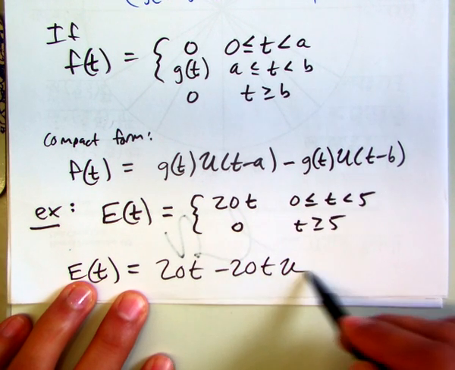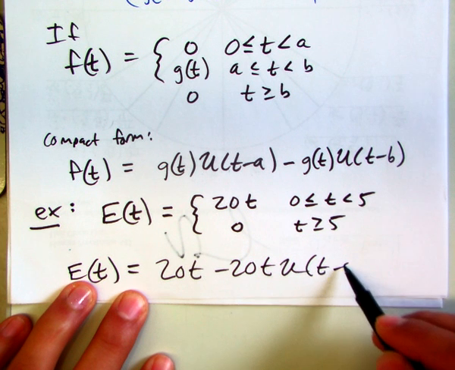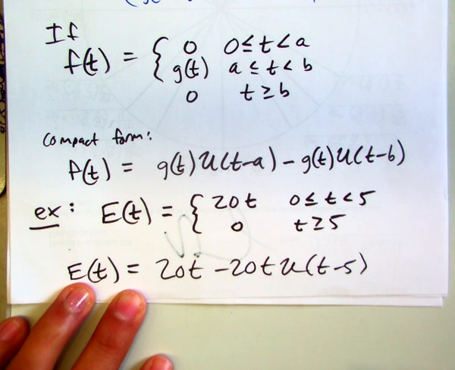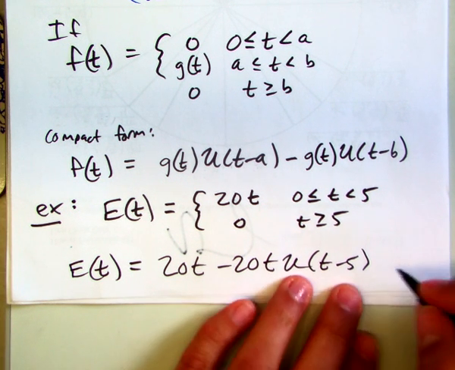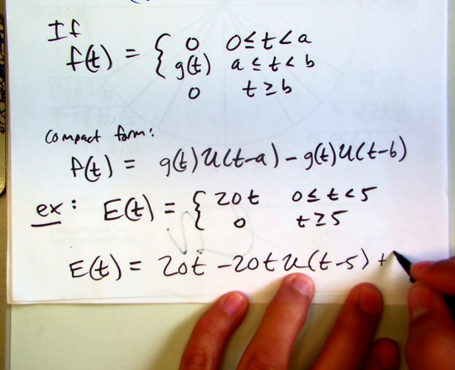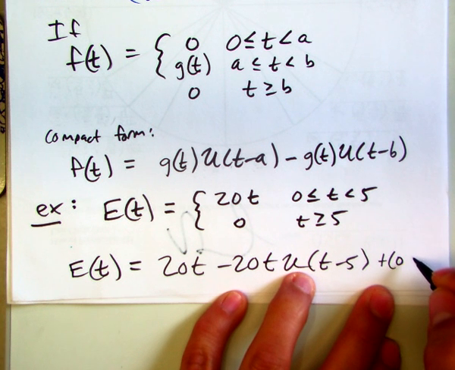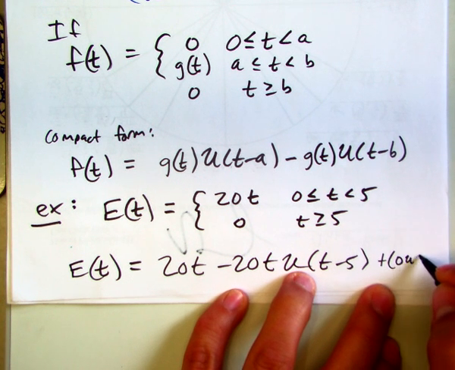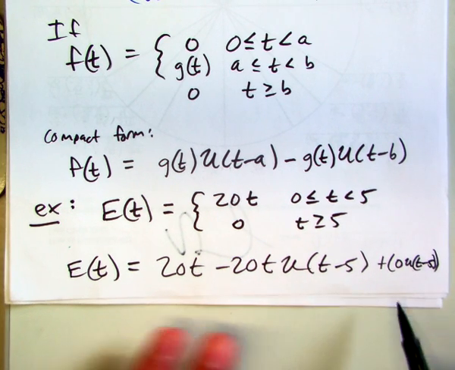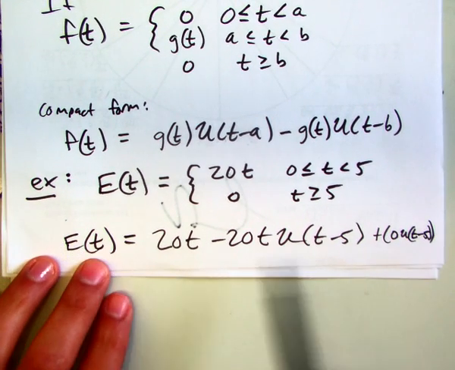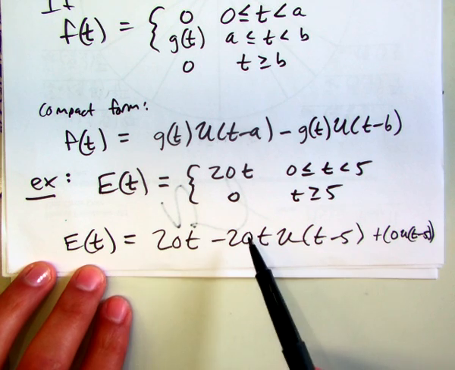Yep. Plus 0, but we don't need that. We could have 0 times u of t minus 5 if we want to keep that idea, but we don't need it because that'll go away. Does this make sense? Okay.